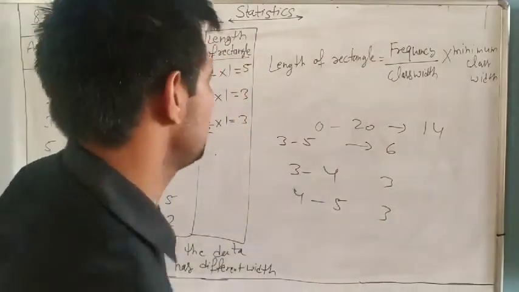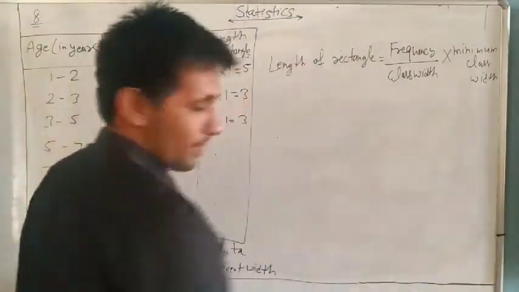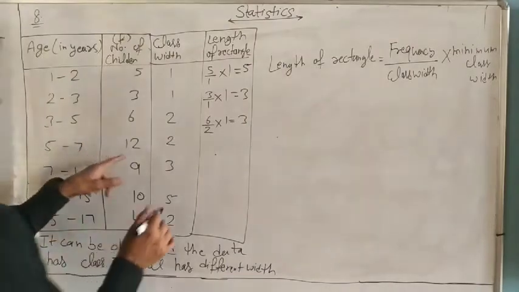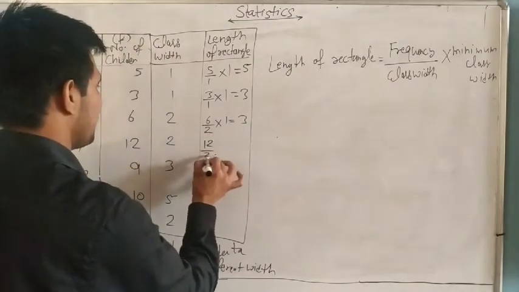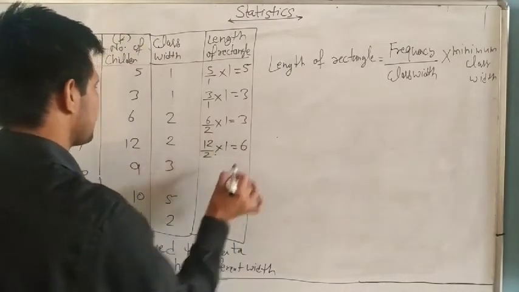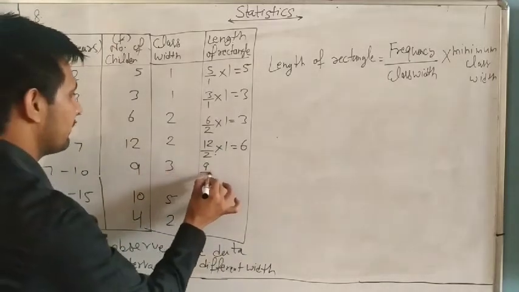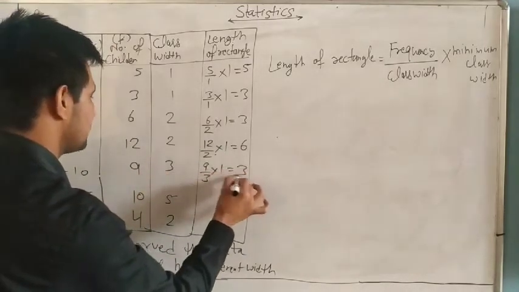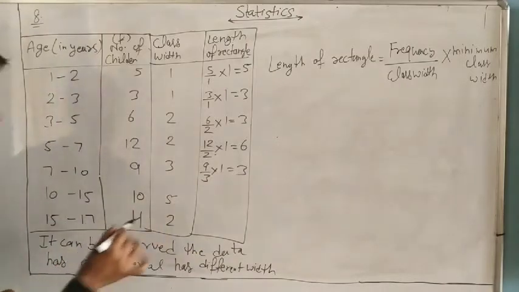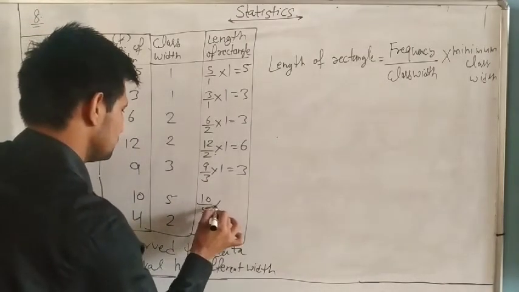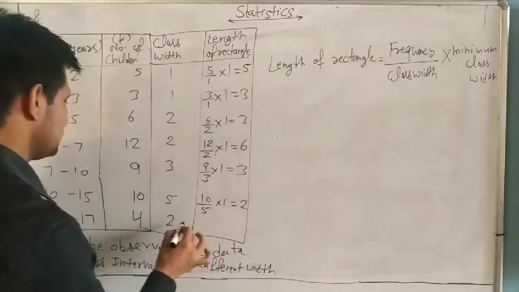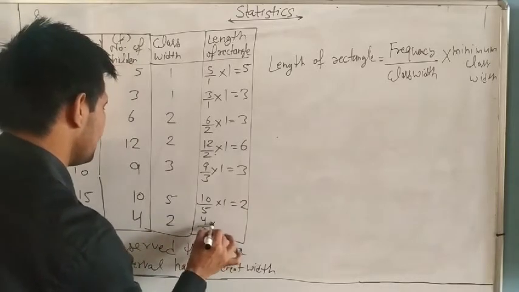Understand it like this one. Next is 12 divided by 2 into 1, 6. 9 divided by 3 into 1, 3. 10 to 15, same as it is, 4 divided by 2 into 1, 2.